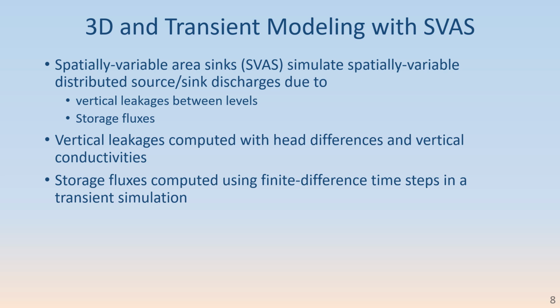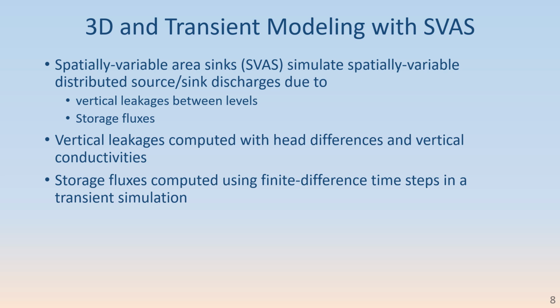So these distributed source sink discharges are due to two potential phenomena in a model: vertical leakage between layers in a multi-layer model, and fluxes in or out of storage due to transient stresses.